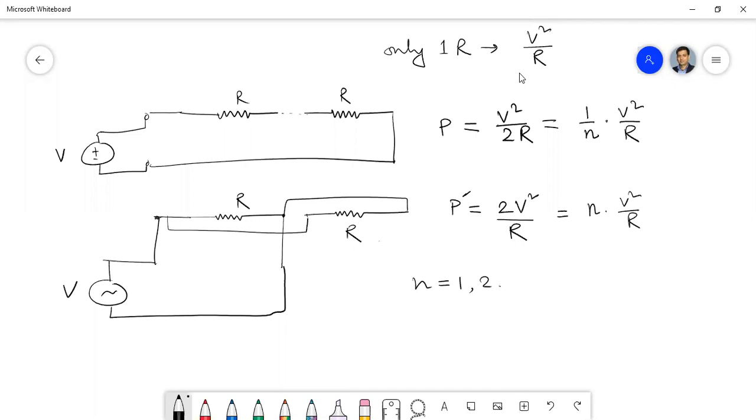So n can be 2, 3, 4, anything. And I can vary the heat to the heating elements.